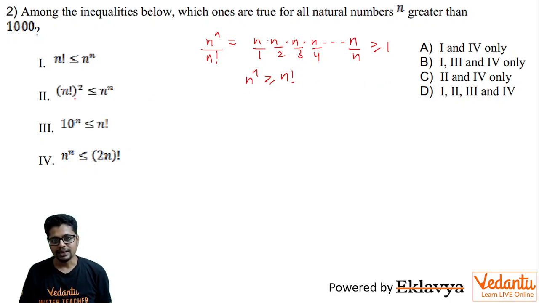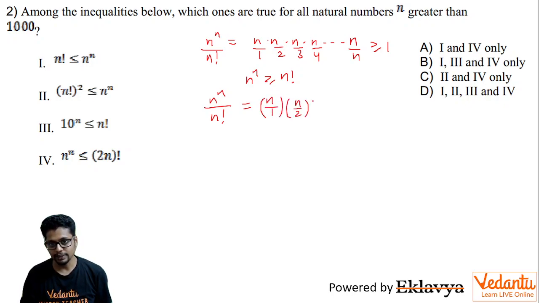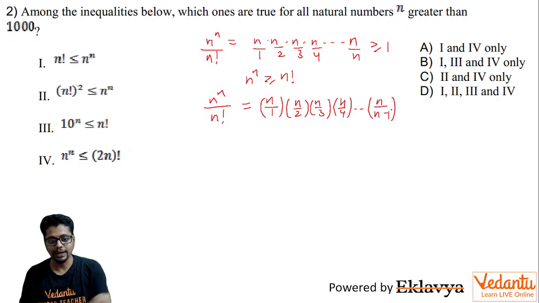Now coming to the second one, n factorial whole square less than or equal to n to the power n. Again let me consider the same thing. N to the power n by n factorial is essentially n by 1 multiplied by n by 2 multiplied by n by 3 multiplied by n by 4, and so forth. You have n by n minus 1, and you have n by n.